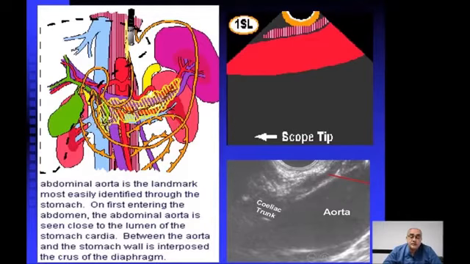So from the stomach, starting at the cardia and pushing the echo endoscope down, as we will see in the following videos, we can visualize many structures, including even the pancreatic head and the papilla and the hepatobiliary system.